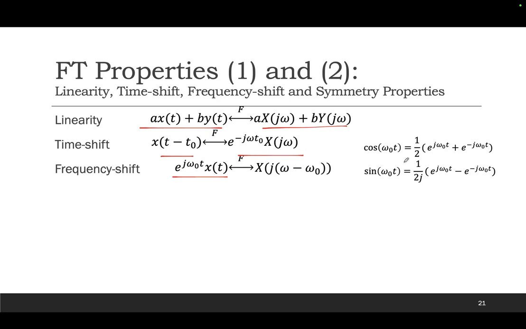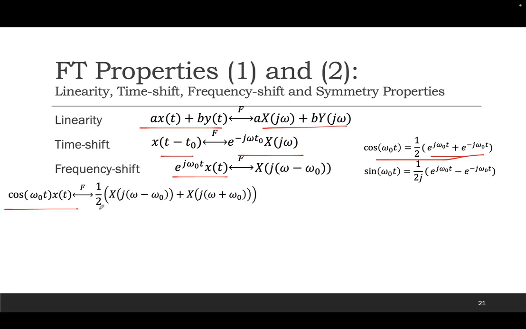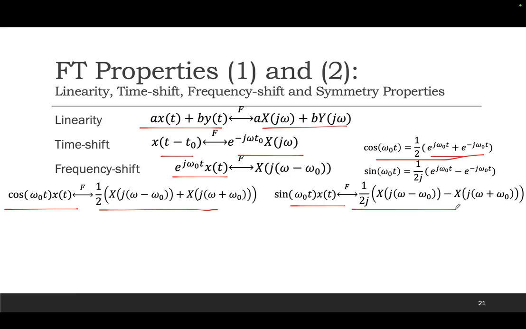If we have this signal, your FT is like this. If you have this signal, your FT is like this. And also the conjugate and time reversal properties.